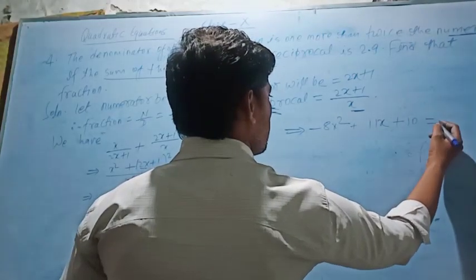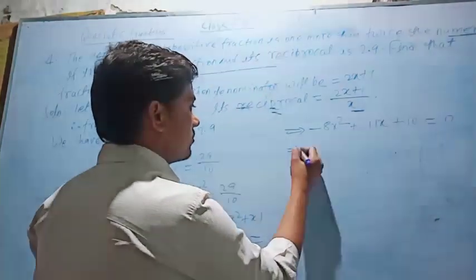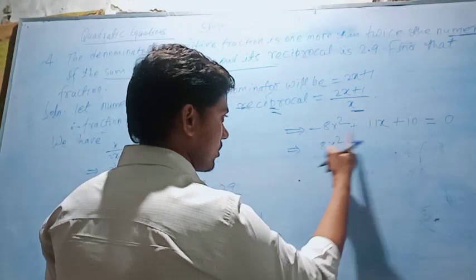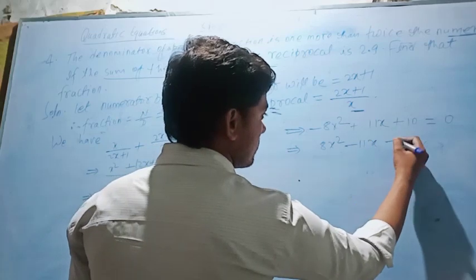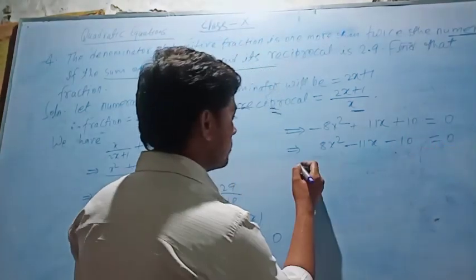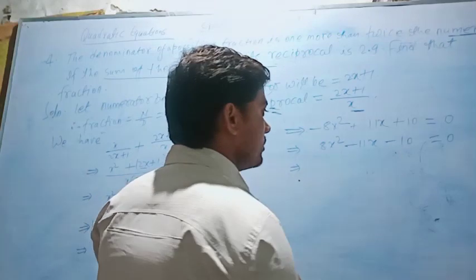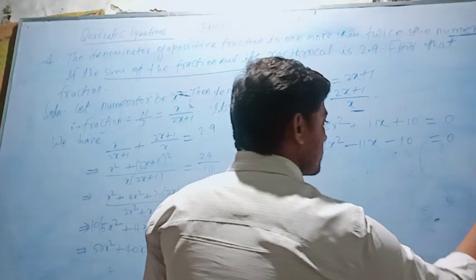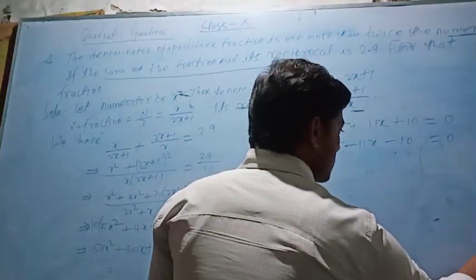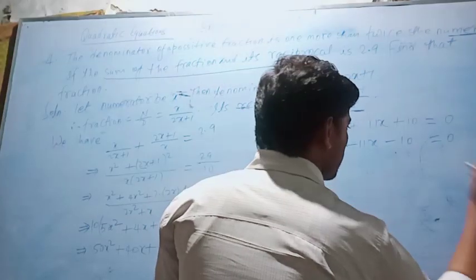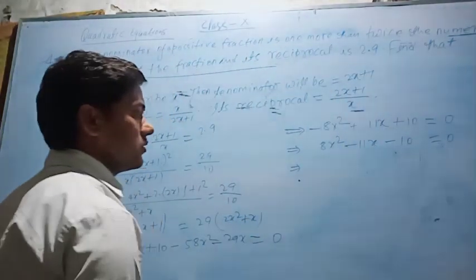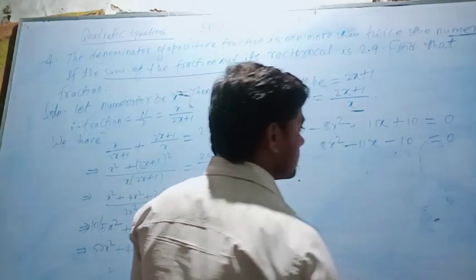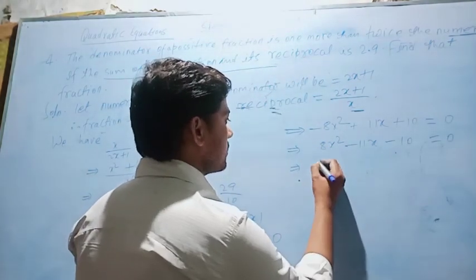Now 8 into 10 is 80, and 16 into 5 is 80, and 5 minus 16 is minus 11. Okay, 8x square minus 16x plus 5x minus 10 is equal to 0.